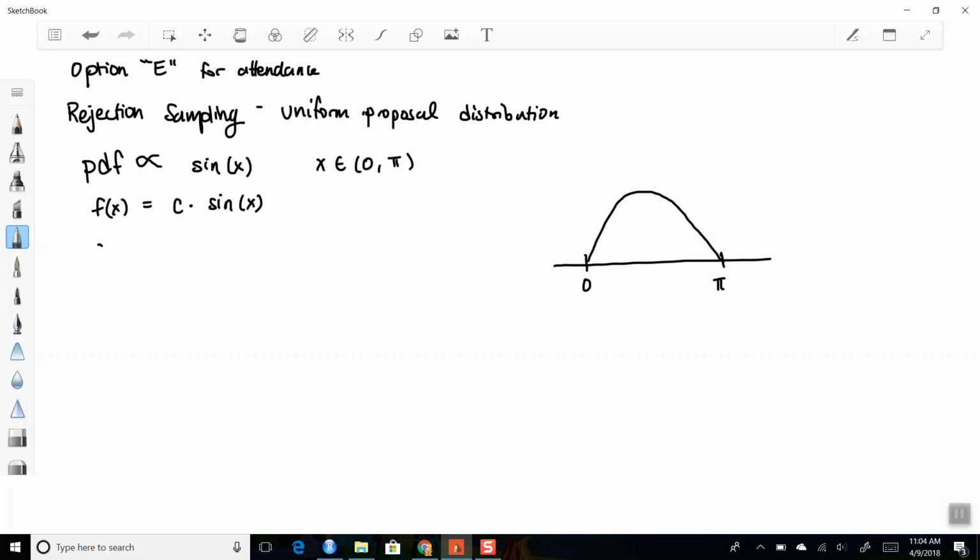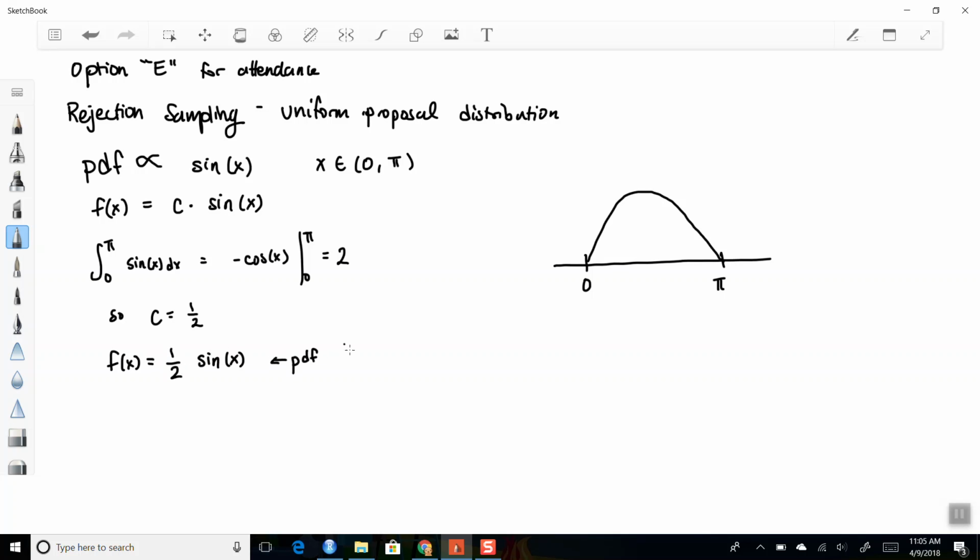If I integrate 0 to pi of sine of x dx, then what we will get is negative cosine of x from 0 to pi, and this thing will equal 2. And thus c has to be 1/2, giving f of x is equal to 1/2 sine of x. This is our PDF.